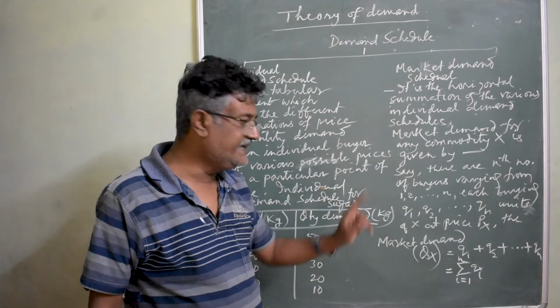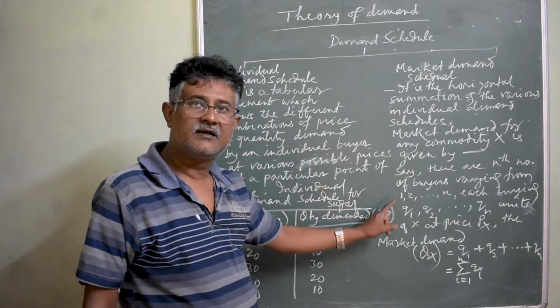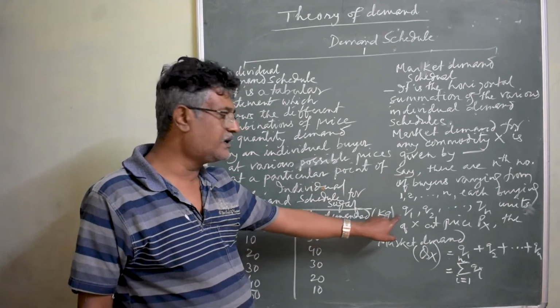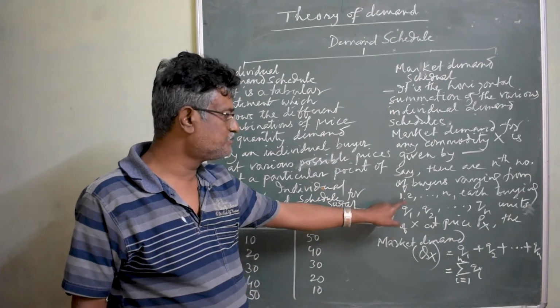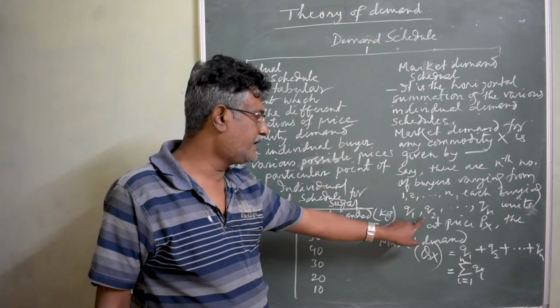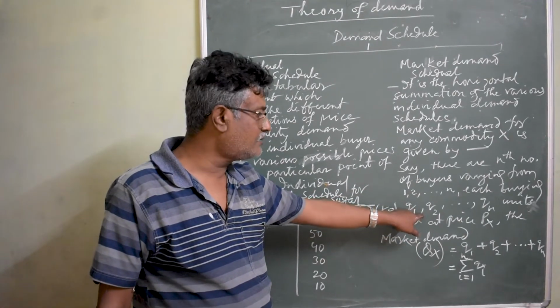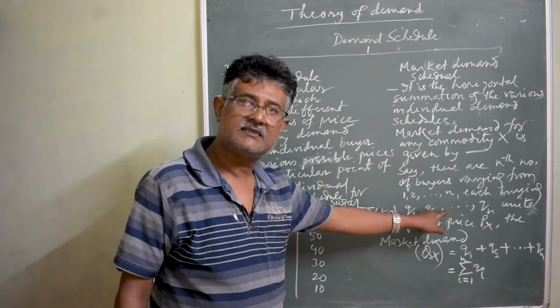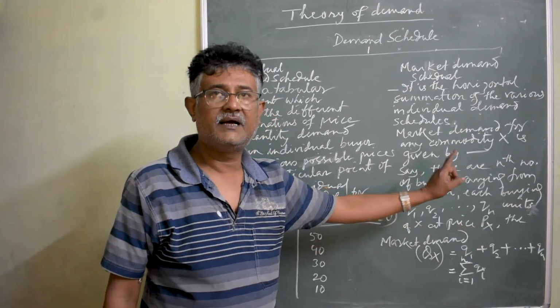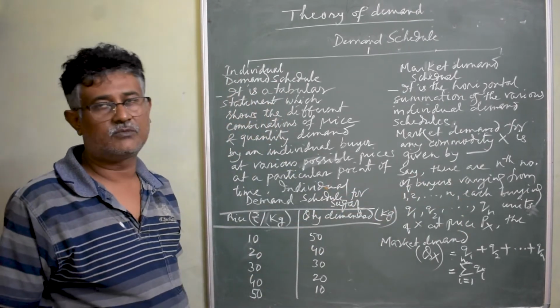See here, what we have taken is that there are n buyers varying from 1 to n. Buyer 1 buys Q1 units of the commodity, buyer 2 buys Q2 units, and similarly the nth buyer buys Qn units of the said commodity.